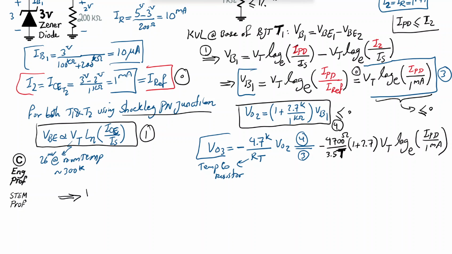So if I continue that, the voltage of the output of the circuit, Vout3, or the voltage of the third op-amp output, is simply then minus. This value here is 4,700 over 3.5 T, and times 3.7. That's the result of this part. For VT, I am going to write it. It's known that it is 26 millivolt, so 2.6 times 10 to the power minus 2, when the temperature is at room temperature.